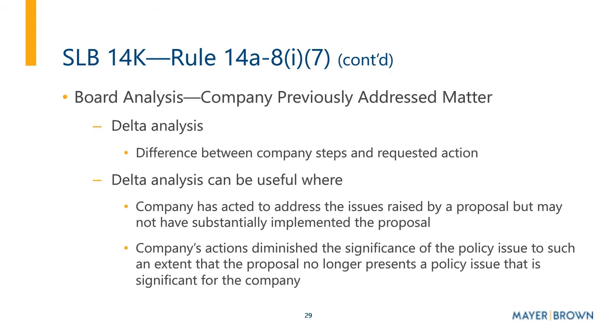This type of delta analysis is useful, for example, when the company's steps don't qualify for substantial implementation exclusion because the company's approach to goals was different from what the proposal requested. And it can also be helpful where companies' actions have diminished the significance of a proposal to the company.